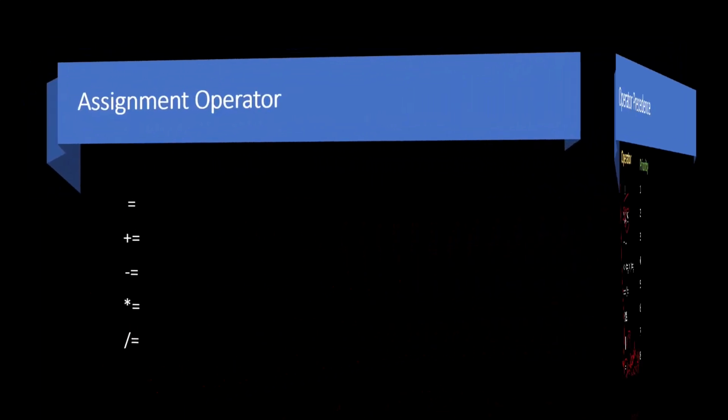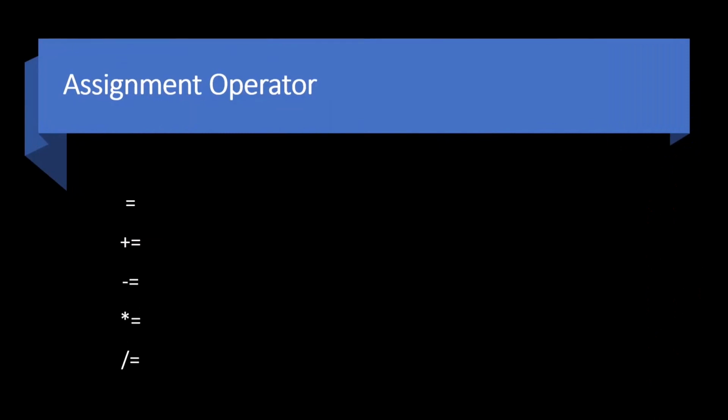Now let's talk about the assignment operator. Here you can see we have first the equal operator which we already used. We can declare a variable int a equals 40. This is called the assignment operator. It assigns 40 to our variable a, and after that we have the plus equals operator. Now what does it do?